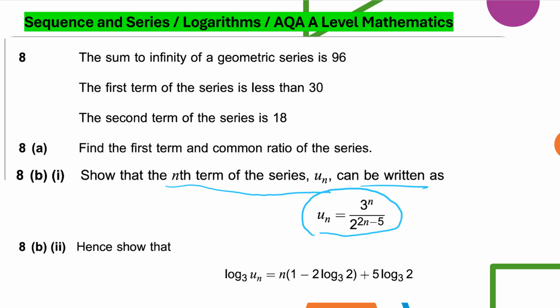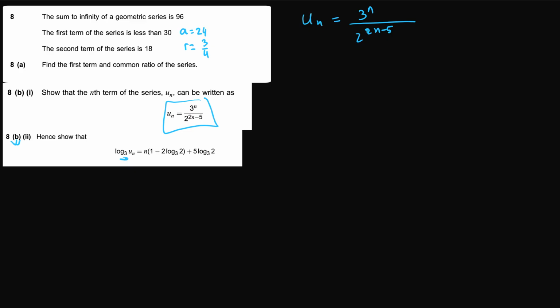So what we're going to do is, I'm going to write it again. So un is equal to 3 to the power n over 2 to the power 2n minus 5. So taking log to the base 3, if you notice, in the main question it's log to the base 3.